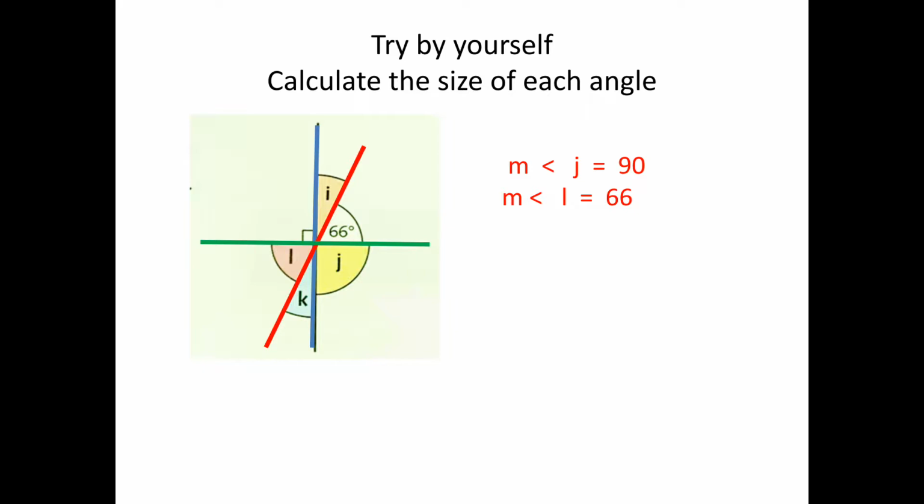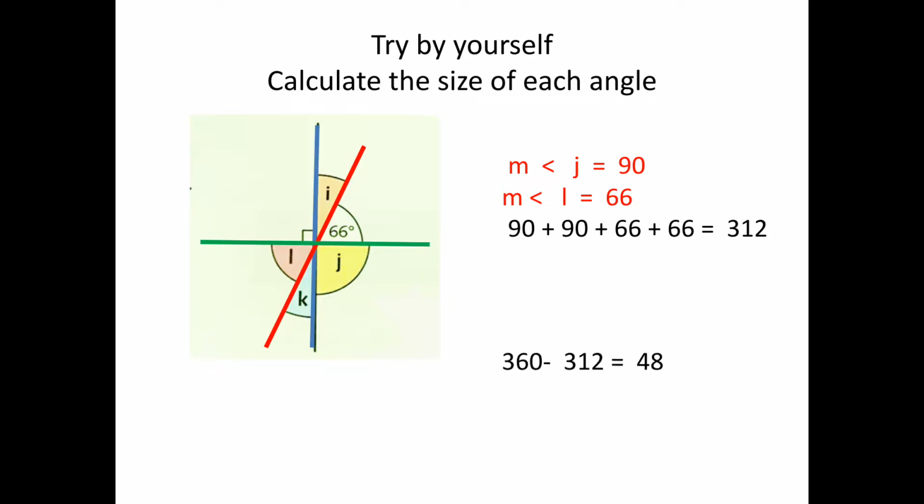If I have missing angles, you're gonna use the total minus all of what you have. Okay, what do I have here? I have two angles, each of them is 90 degrees, and I have two other angles, each of them is 66 degrees. I will add all of these 4 angles. I got 312.